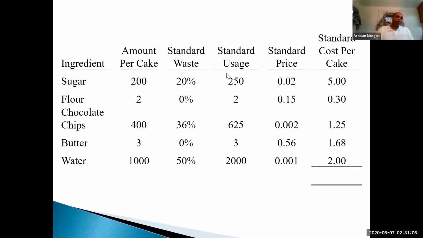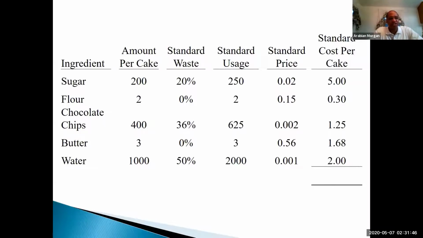Okay, now let's just look at this one more time. I want to go through the math on how I got the standard usage number for the sugar, for the chocolate chips, and for the water. The standard usage numbers for sugar, chocolate chips, and water are all the same formula. Take your amount per cake and divide by the quantity. In the denominator, you're going to write the number 1 minus whatever the percentage is.